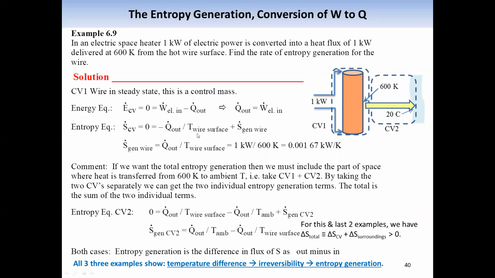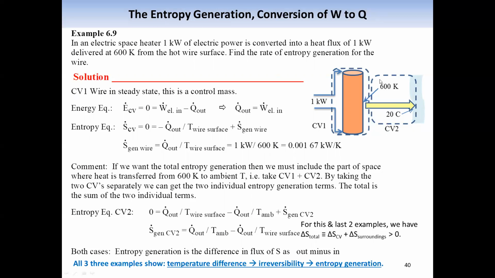If we solve this equation, we get entropy generation equal to Q, the rate of heat transfer out, divided by the temperature of the wire. We get this quantity.